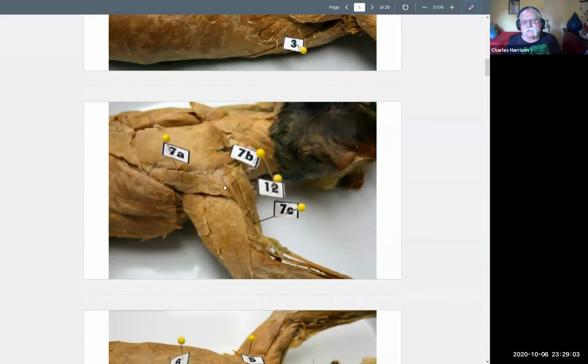Parts 7, there's 3 parts, are the 3 parts of the deltoid. And deltoid is a suitable answer for any of them. This unlabeled is the triceps, and as you move forward and leave the triceps, the next muscle right here is going to be the brachialis. We'll see it better in a moment.